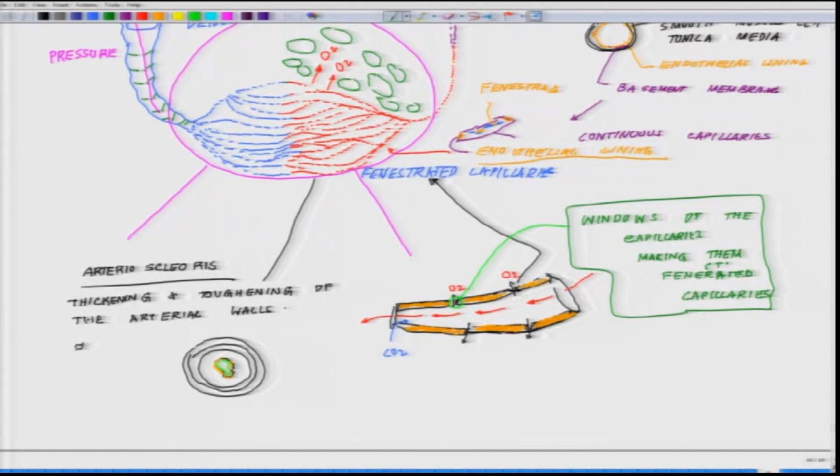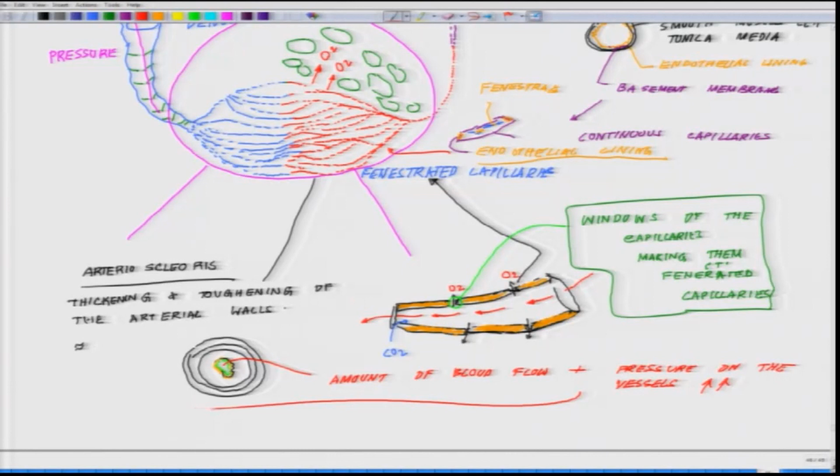Once you have depositions around it, the amount of blood flow plus pressure on the vessels increases, and that may at times lead to damage.